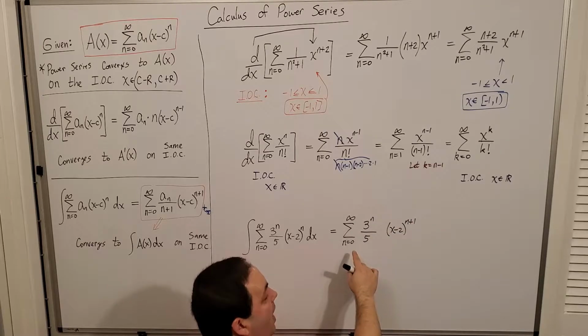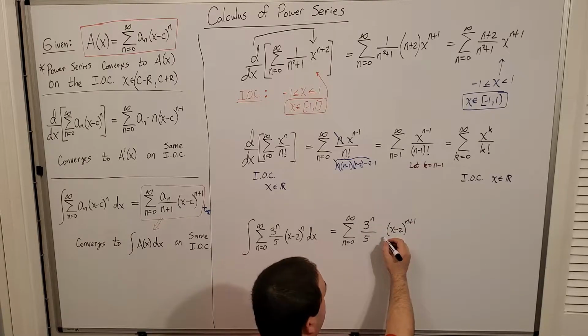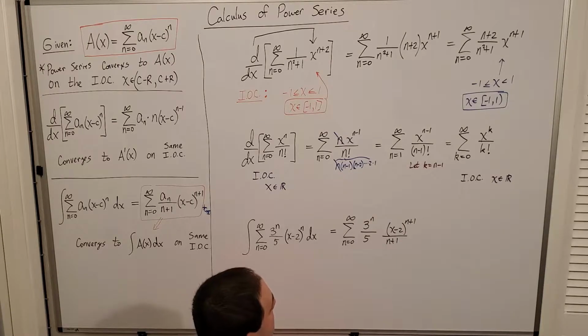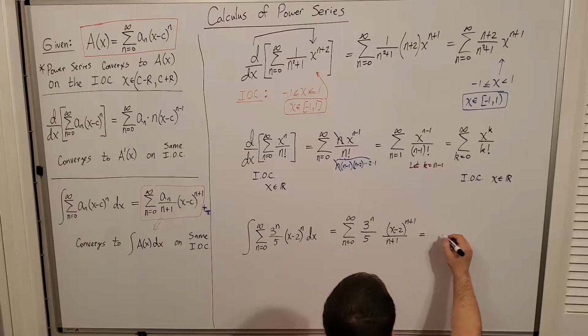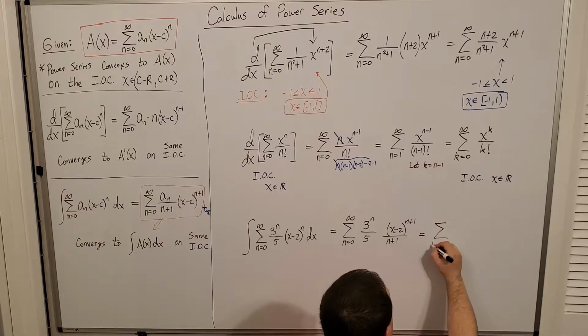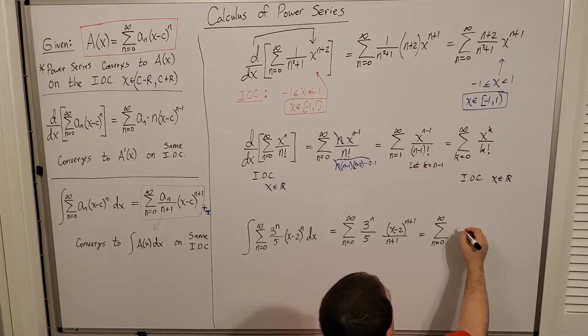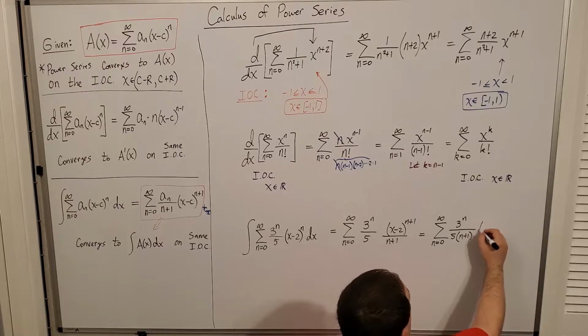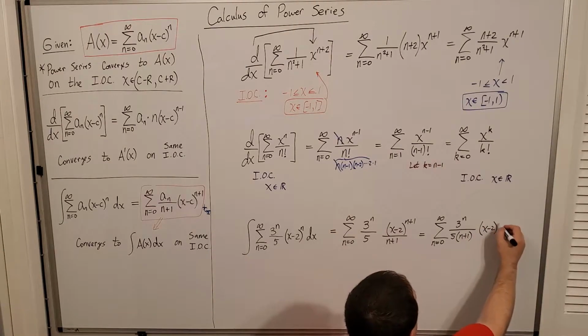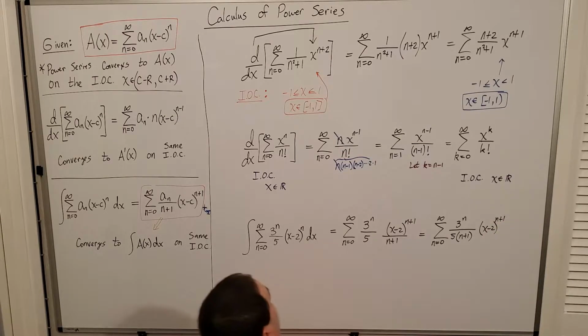And then I have to divide by that new power, so I'm going to divide by n plus 1. So one way to consolidate this: sum from n equals 0 to infinity, I'll have 3 to the n over 5 times n plus 1, and then x minus 2 to the n plus 1. Okay?